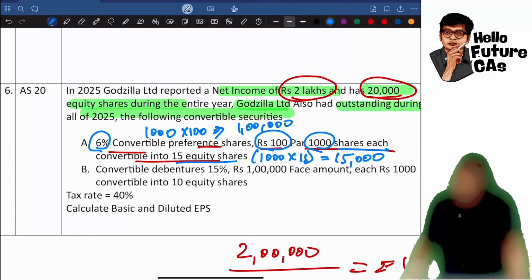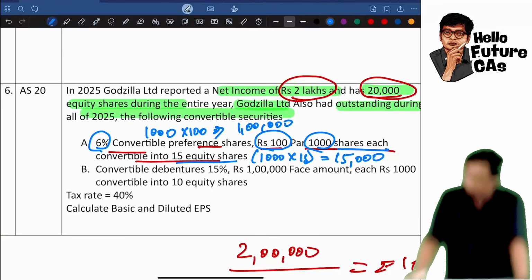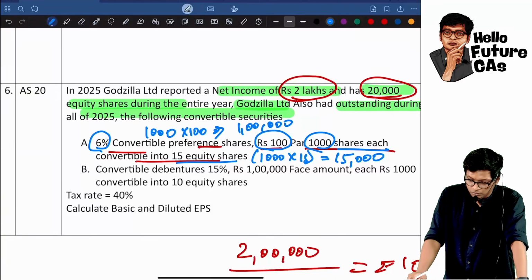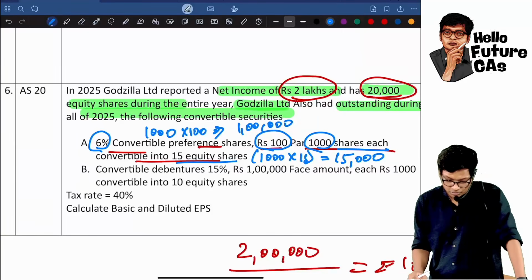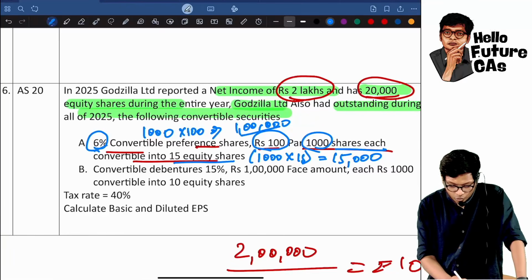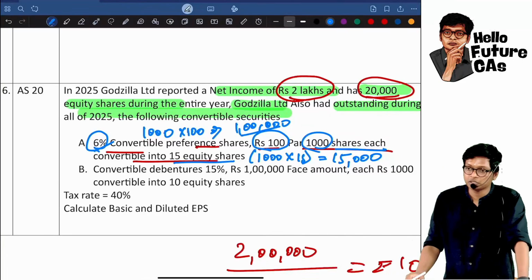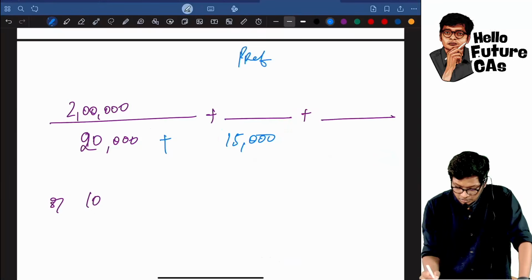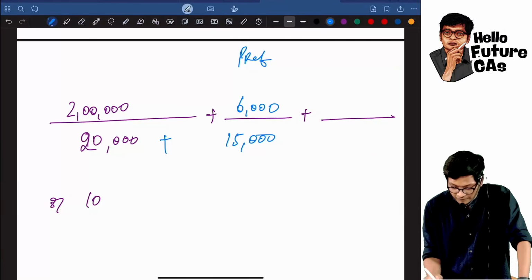1 lakh by 1000 shares each convertible into 15,000, correct only, right? 15,000. Okay. Fine. Let me check that also. And numerator 1 lakh into 6%. How much? 6,000 will be the additional numerator.